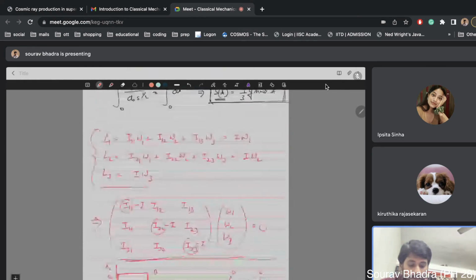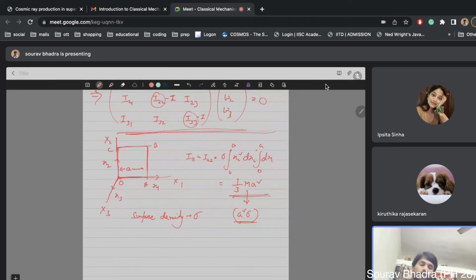But perpendicular axis theorem is applicable only for a laminar body. Okay, so that I have done in the previous class. If your body is like this, where your x3 coordinate is coming out of the paper, which is perpendicular to the body, then the moment of inertia along that particular axis, which is perpendicular to the laminar body, can be written as the sum of the other two directions, which are in the plane of the body.